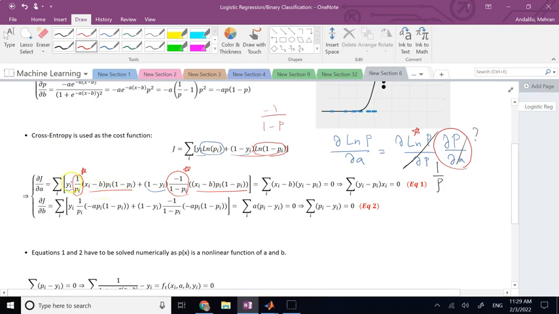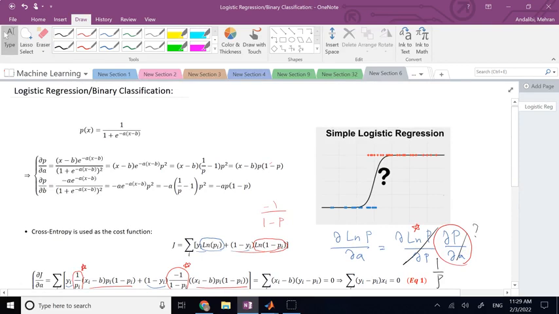In the top equation, they are both partials of p with respect to a. How do I get it? Well, I use my basic calculus knowledge. If this is p as a function of a, what is partial of p with respect to a? It's a ratio. So here I did some math manipulation, and you can show that the partial of p with respect to a for the sigmoid function is p times 1 minus p times x minus b.